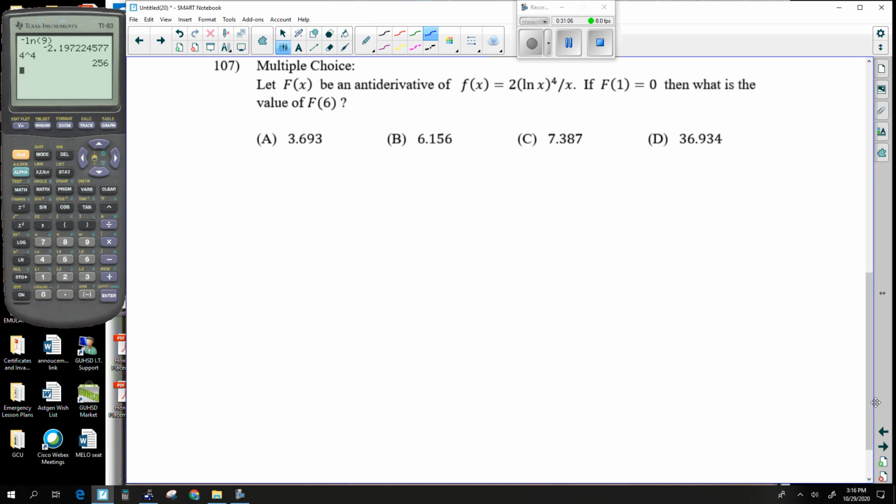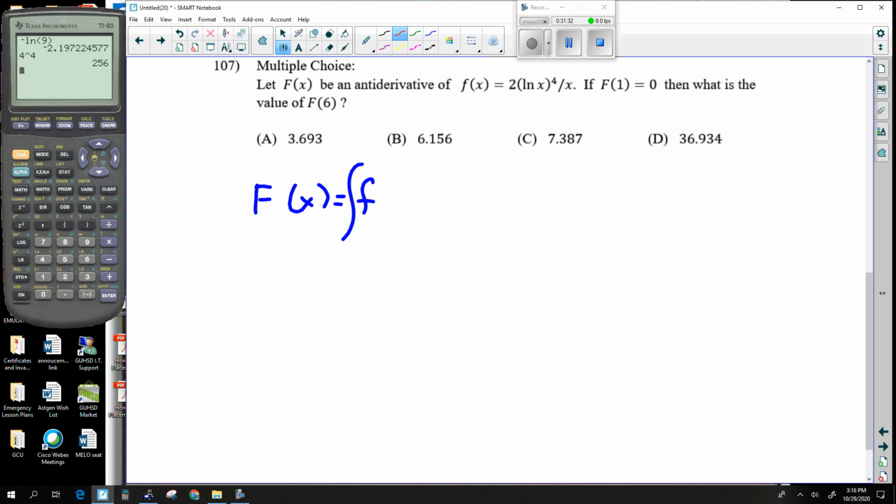So F prime is equal to f. All right, so antiderivative, so the integral of little f is equal to big F. Okay, if F of 1 is that, and F is the antiderivative, what is F of 6?